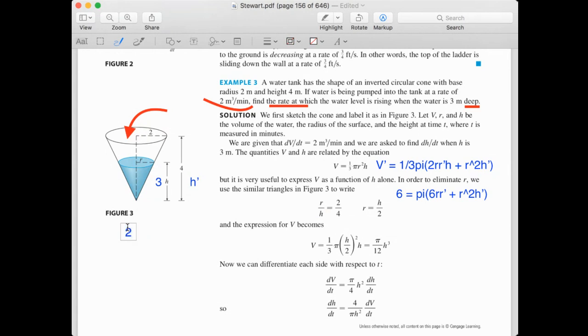That gives me 2 divided by r equals 4 divided by 3, right? So this is 4, this is 3. I can solve from this relation. Cross multiplication gives 4r equals 6, or r equals 3/2.